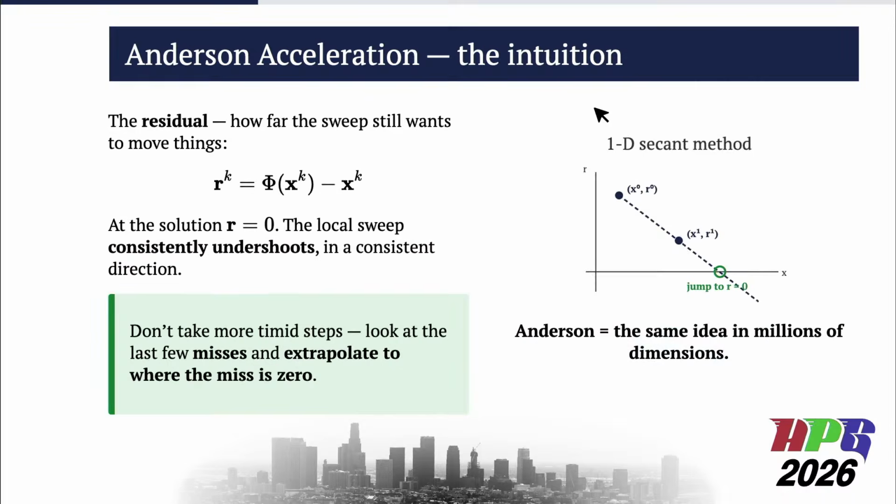In this graph, if we know two previous states, x0 and x1, and we assume the system is near linear locally within a range, then we can extrapolate to guess a root where the error is zero.